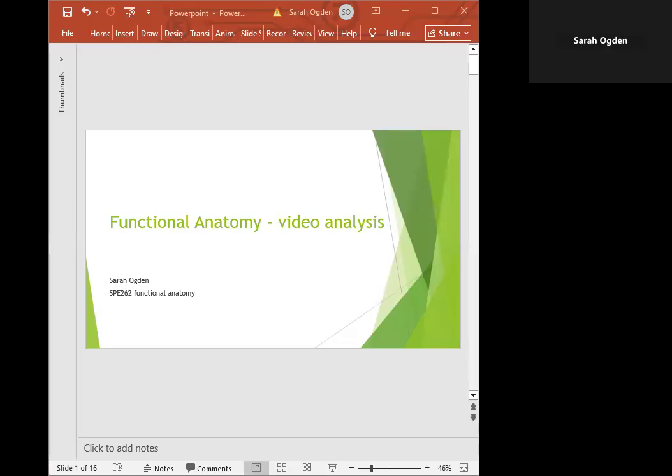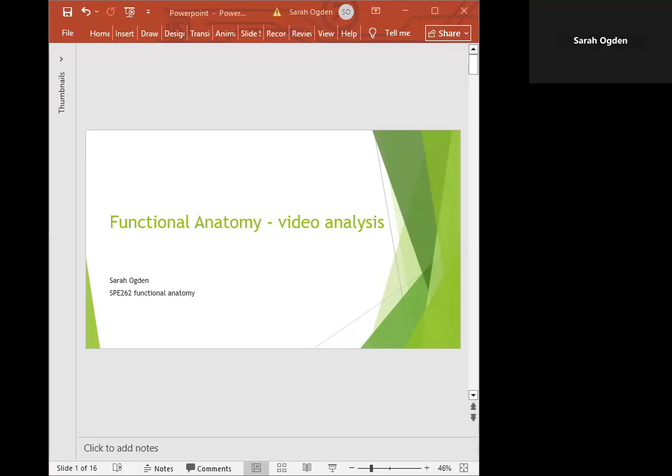So we are doing functional anatomy and we have to do a project on a video analysis. The movement that I've chosen to analyze will be running with a focus on the biomechanical implications of the common injury that I've chosen, which in relation to running is runner's knee.